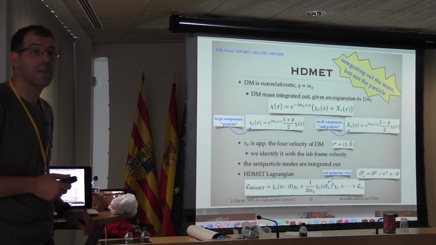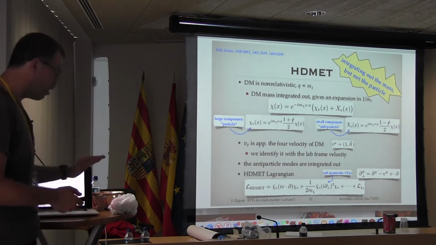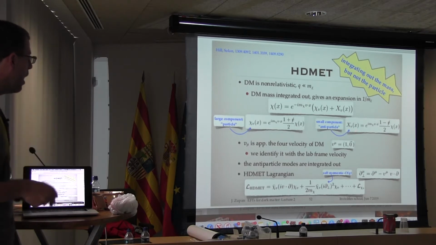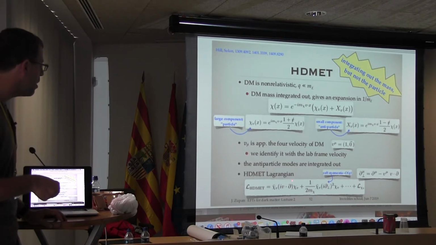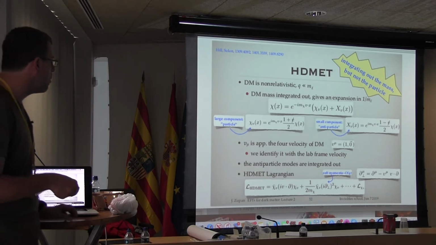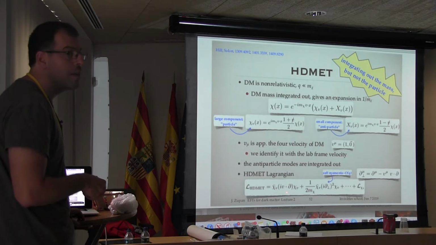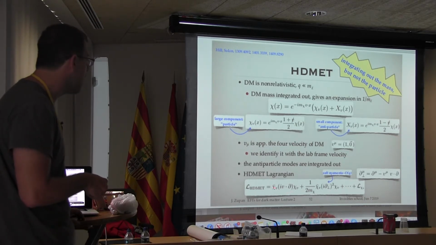Anything else? Alright, so we're almost there. The next step is you integrate this out, and I end up with a Lagrangian which looks something like this. Let me motivate. So v dot the derivative will just give me the time derivative, and the time derivative is the energy.